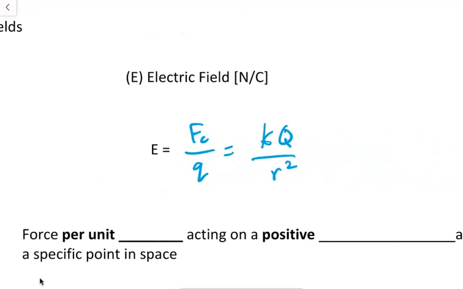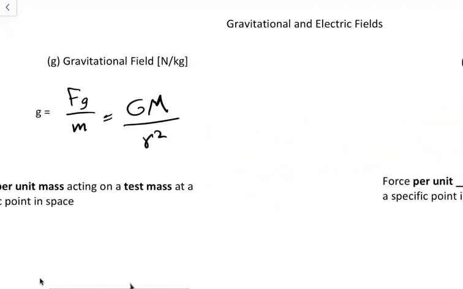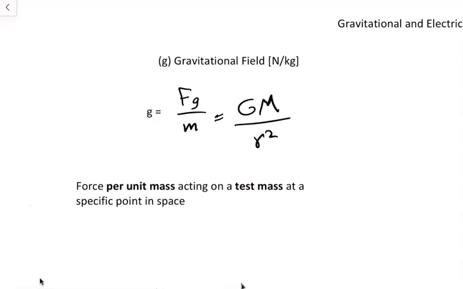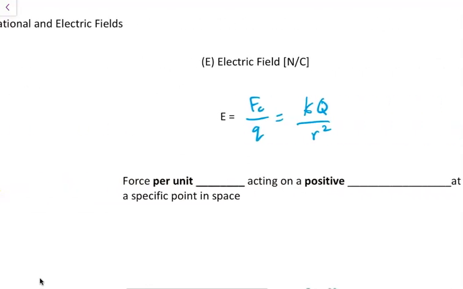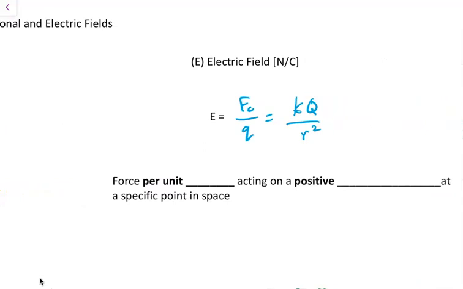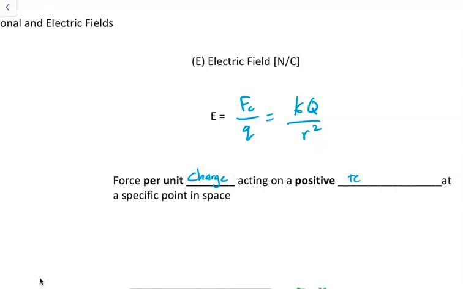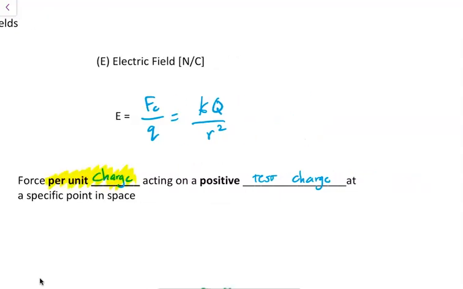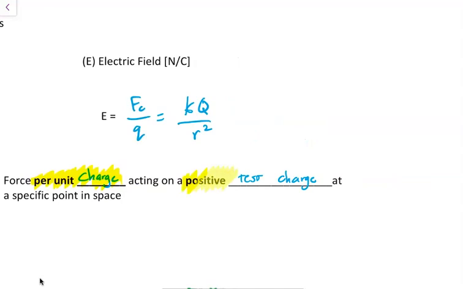Yeah, good. Looking at the definition of a gravitational field, it's the force per unit mass acting on a test mass at a specific point in space. Well, this is the force per unit charge acting on a positive test charge at a specific point in space. Per unit charge is important.